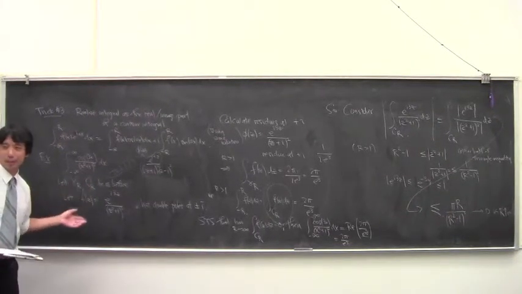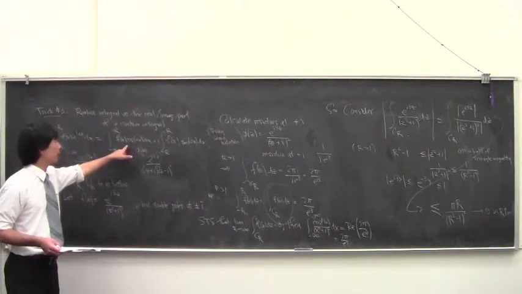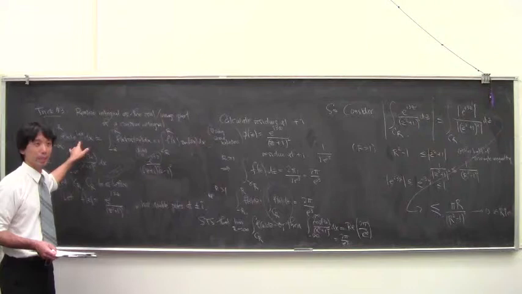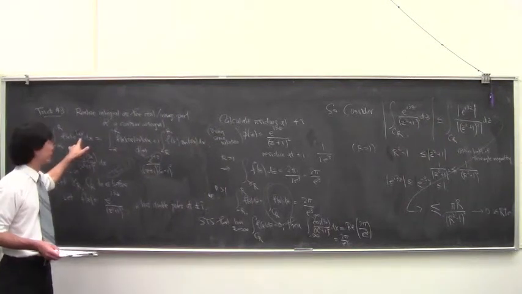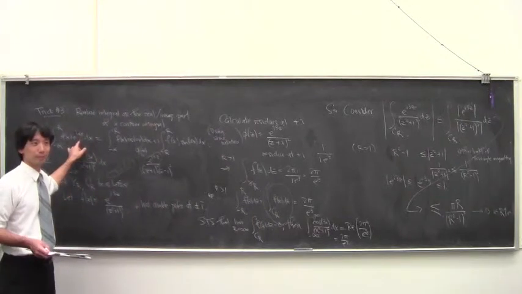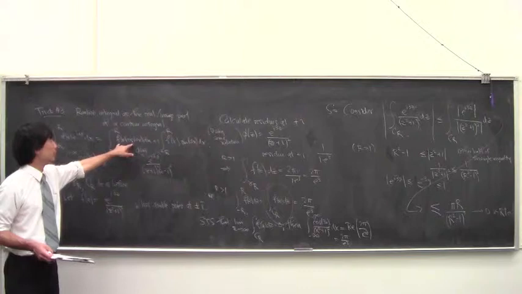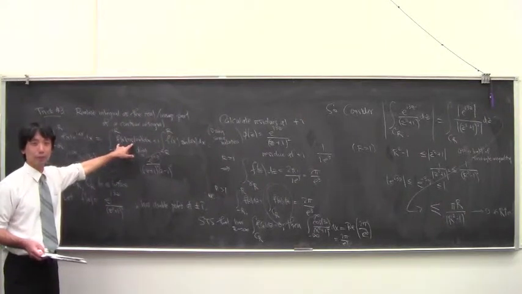So a simple, not that fancy a trick, I'd say. You recognize your integral as the real part of an integral that you can evaluate as part of a contour integral. Here's your integral. This in the limit is the integral of interest.